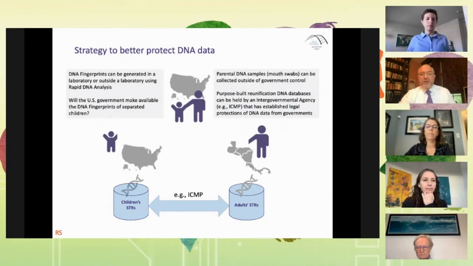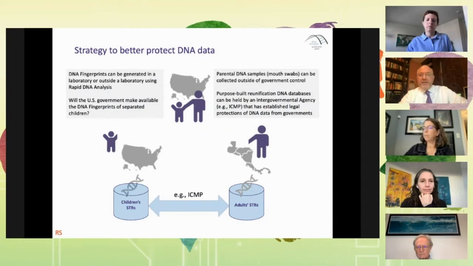The International Commission on Missing Persons, based in the Netherlands, is one such organization, and they're an important part of DNA Bridge. The separated children being held in the United States will also get DNA fingerprints generated by US NGOs or legal representatives, who then also will forward the de-identified data to ICMP.